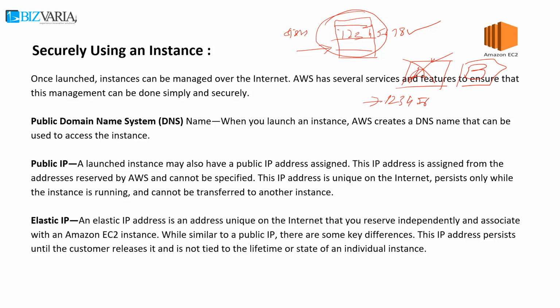You just terminate it. Now you have this IP address available to you because you reserved it. You can assign the same IP address to machine B. So that's why they say elastic IP. It's elasticity. You reserve the IP address, and you can use it on whatever machine you want. Clear?